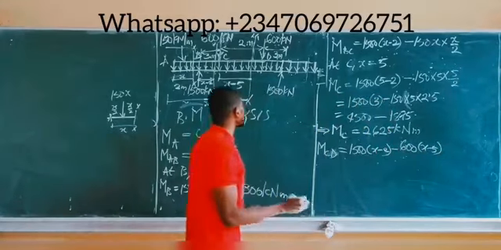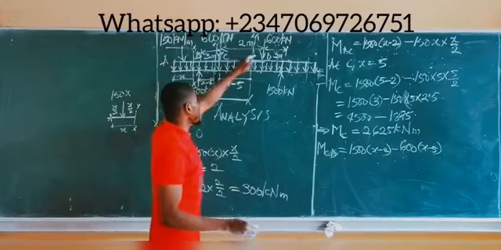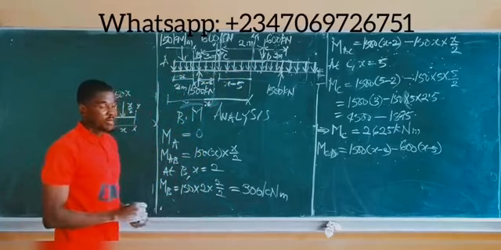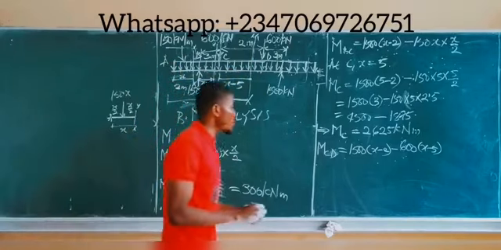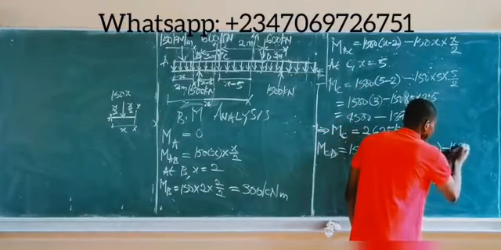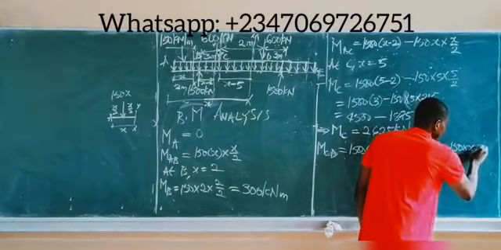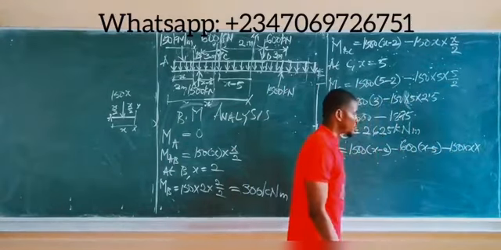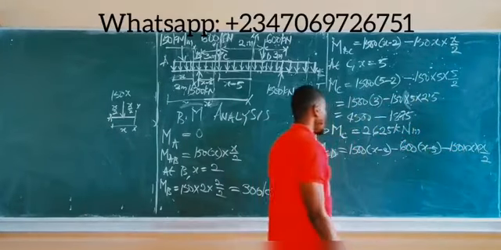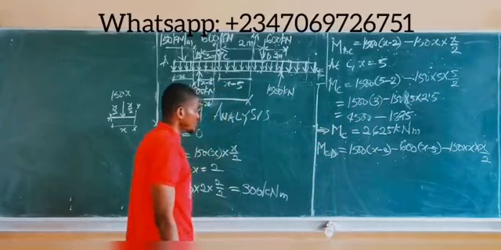Then, since from point A to the point of section there's the UDL, we also convert the UDL to a point load, 150 times x, and place it at a distance of x over 2. That becomes the moment equation along CD.